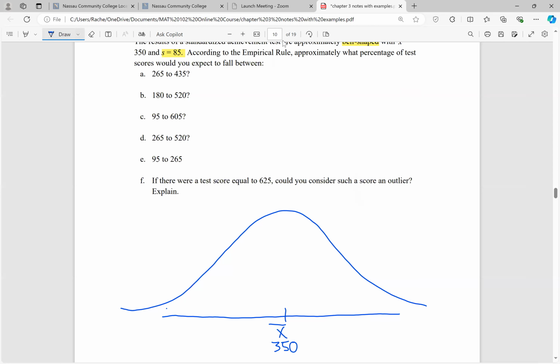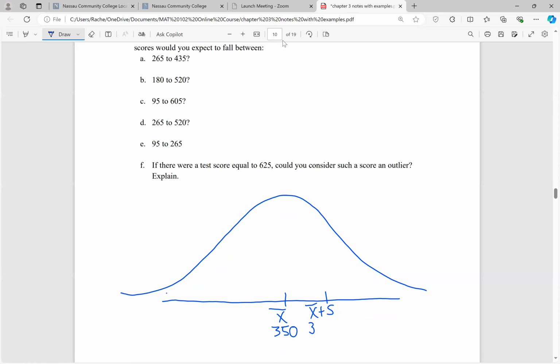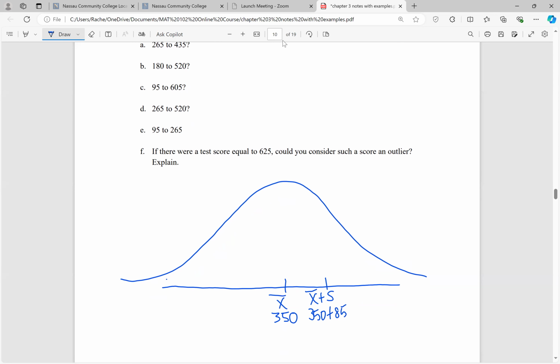What would be the test score that's one standard deviation above the mean? So what if I took the mean and added a standard deviation? In other words, what's 350 plus 85? That's going to be equal to 435. So that would be a test score of 435.